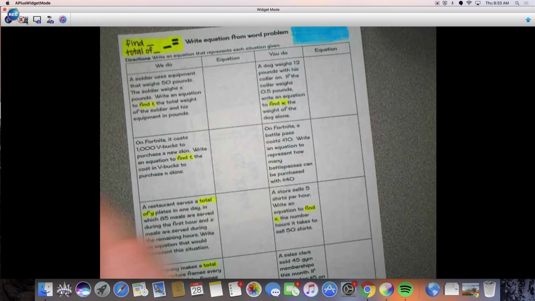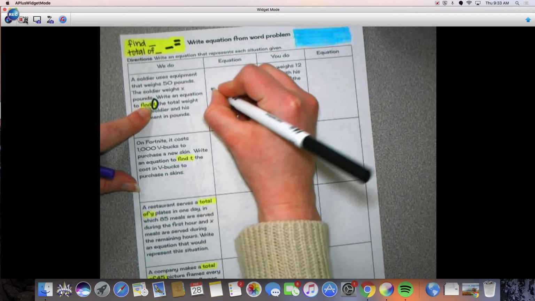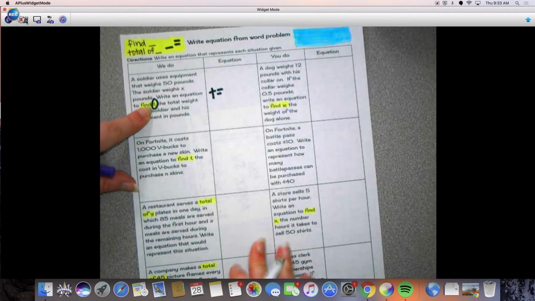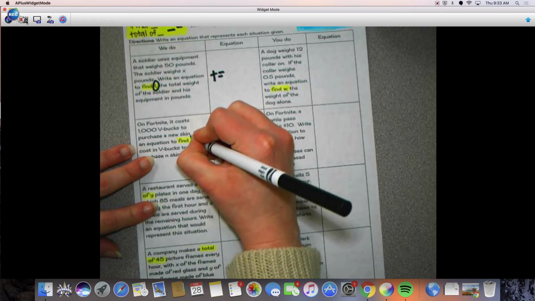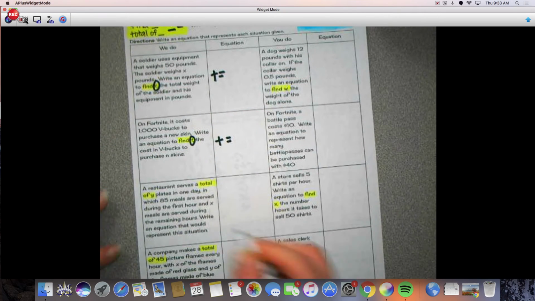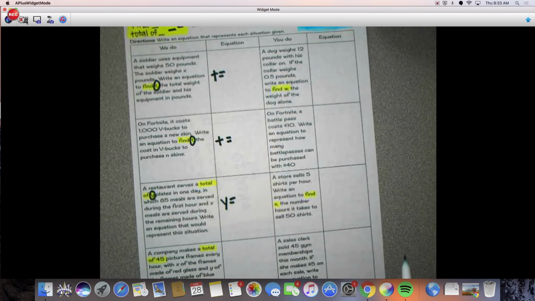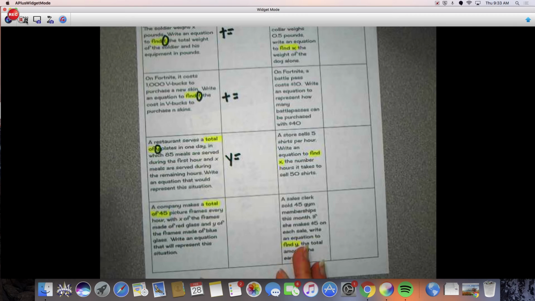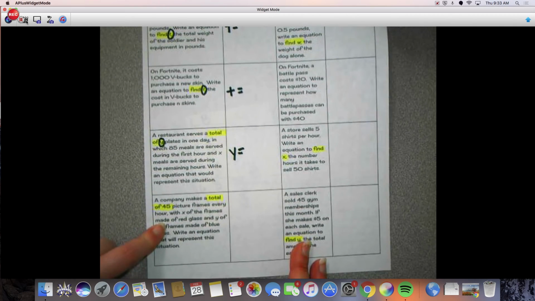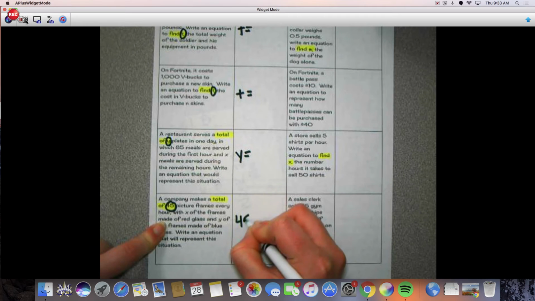So we can go through right now and say T equals. T equals. Y equals. This one is a number, that's fine. 45 equals.